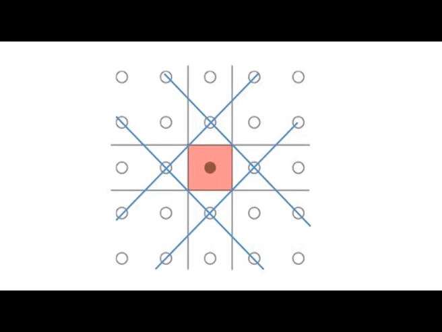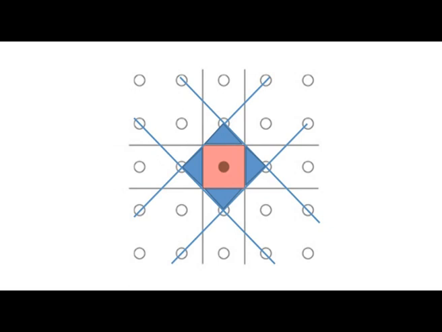Again we will have 4 different Bragg planes and all of them together will enclose a new area, or volume in the case of a 3-dimensional lattice, which I colored in blue. So, that blue zone can be defined as the second Brillouin zone.